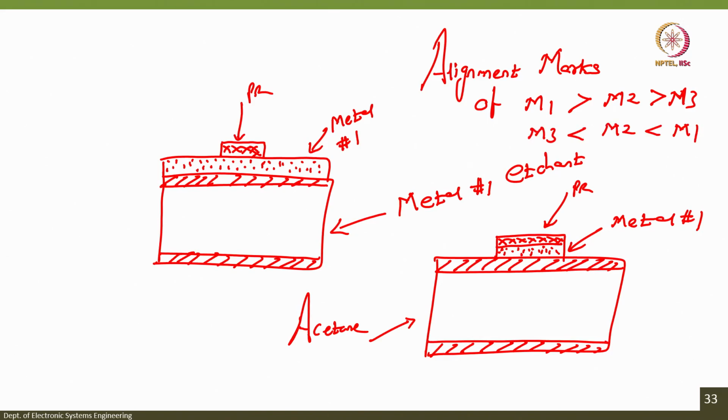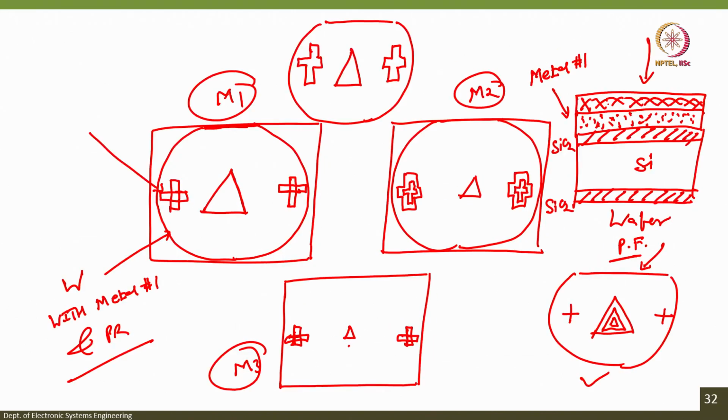Why do we need the alignment mark of the second mask to be smaller than mask 1? Because we have to make sure that the wafer that has been processed through mask 1 aligns correctly with mask 2, and that will happen when the alignment mark of mask 2 fits well within the alignment mark of the wafer.